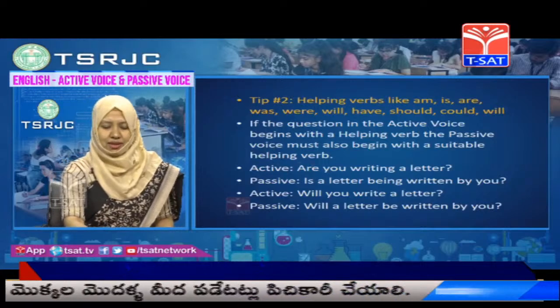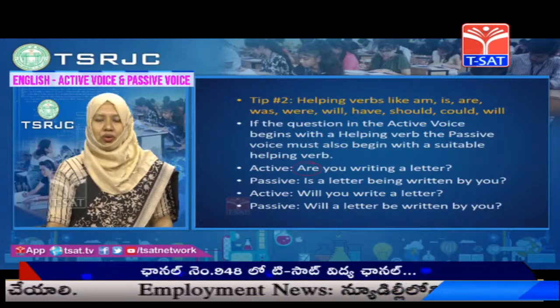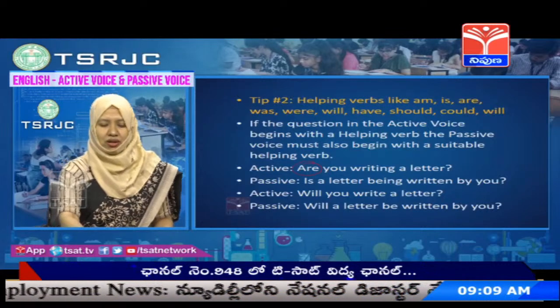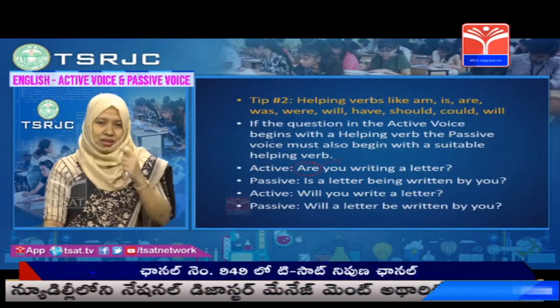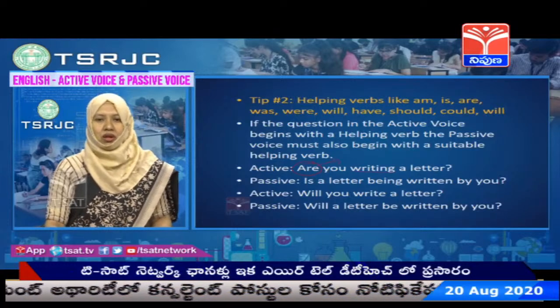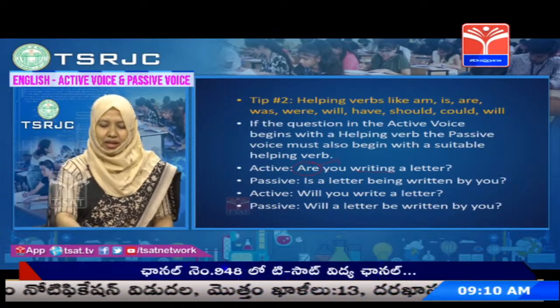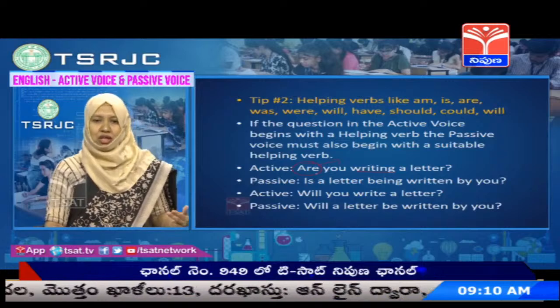Are you writing a letter? If you see in this sentence, this is starting with a helping verb. Here, are is in present tense and this is ing form. So, when you change it into passive voice, again the verb should be suitable.